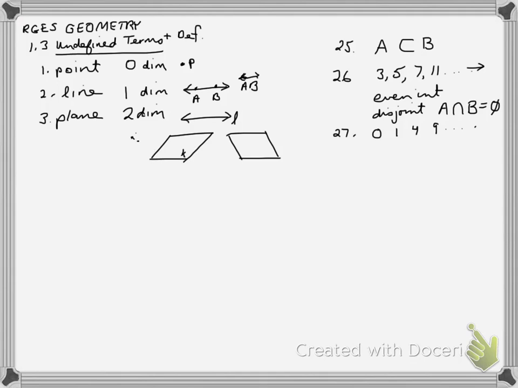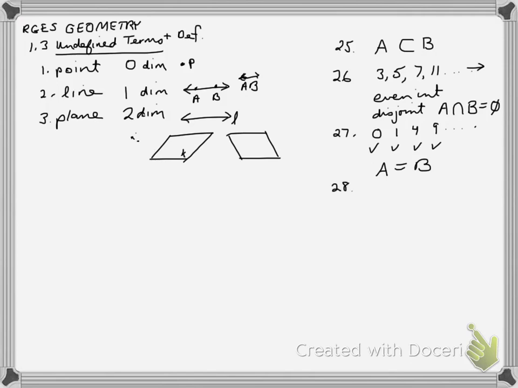Set B is listing the elements, and what are they? 0, 1, 4, 9, etc. And as I go 16, 25, I do recognize that these are the exact same set of elements in both. And so if you have the same set of elements in both, set A equals set B.